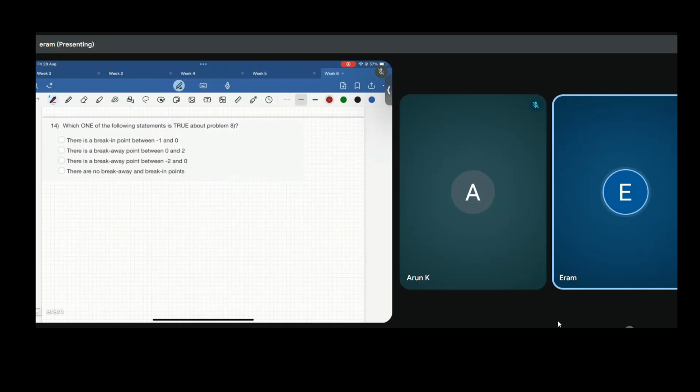In this question, which option is correct regarding break-in or breakaway point? Before that, we first need to find out whether there is any break-in or breakaway point in the system or not. And if that is present, what is its coordinate?